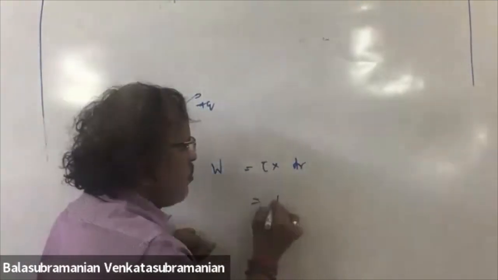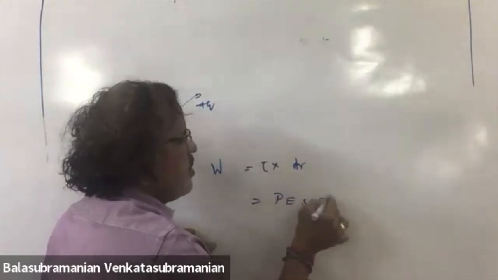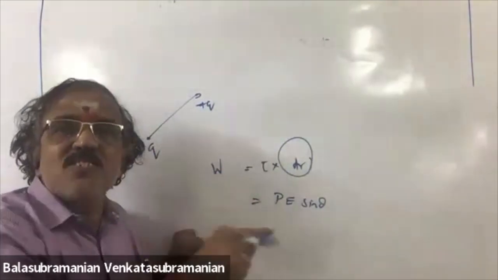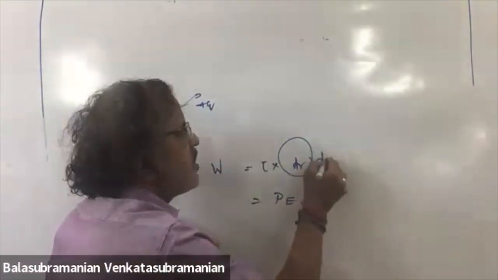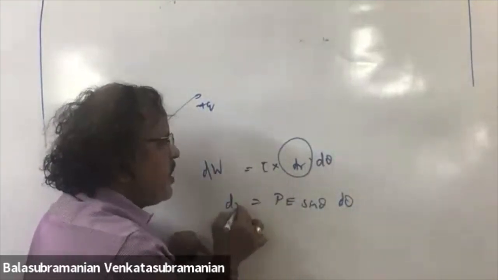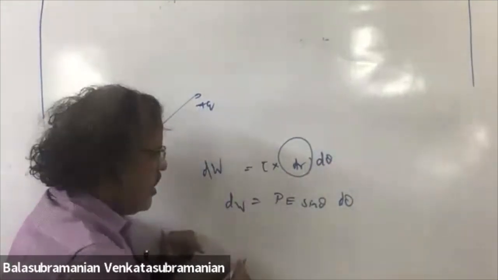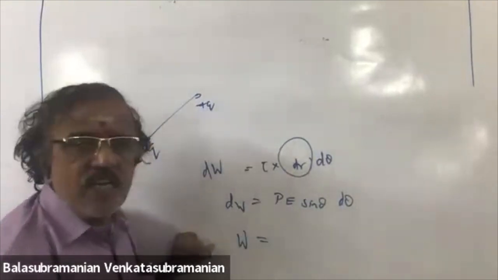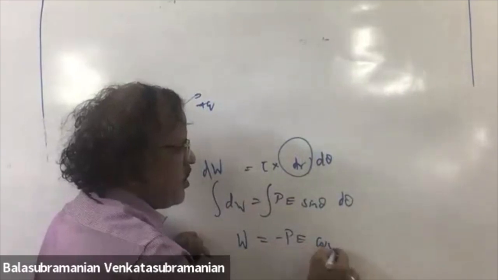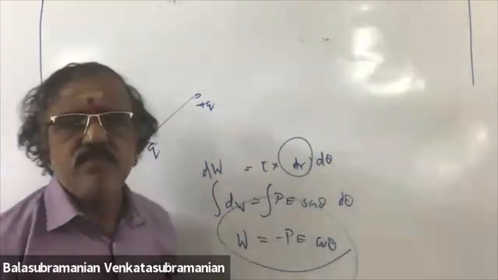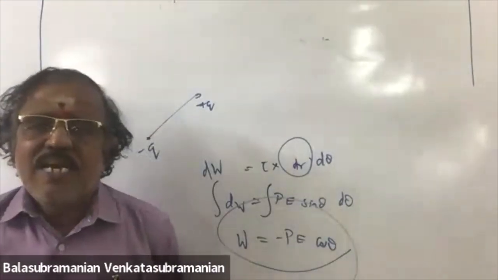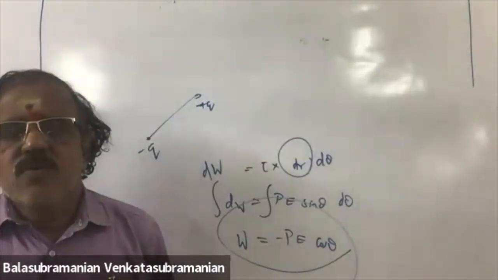What is torque? P E sin theta. Distance you put dr if it is normal; this is rotation, so I can put d theta. So dW is equal to P E sin theta d theta. I want work done or energy, so integrate: minus P E cos theta. This is the electric potential energy of a dipole.